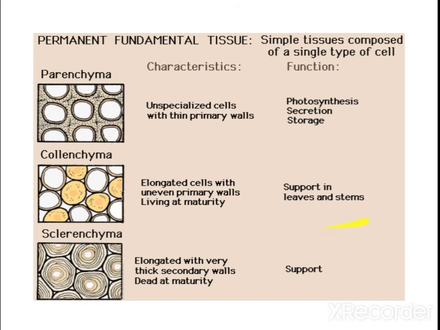It gives support in leaves and stems. And sclerenchyma cells are elongated with very thick secondary walls. At maturity it is very thick. Its main function is support. Parenchyma, collenchyma and sclerenchyma are the three main types of simple permanent tissue.